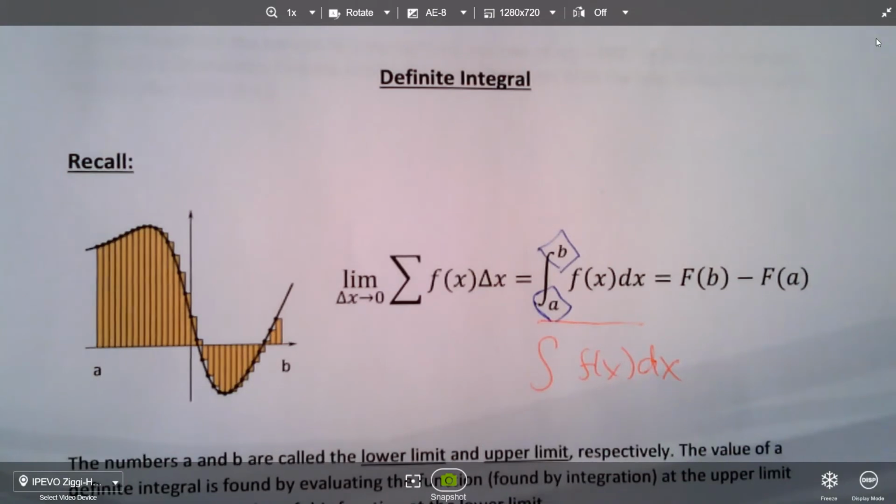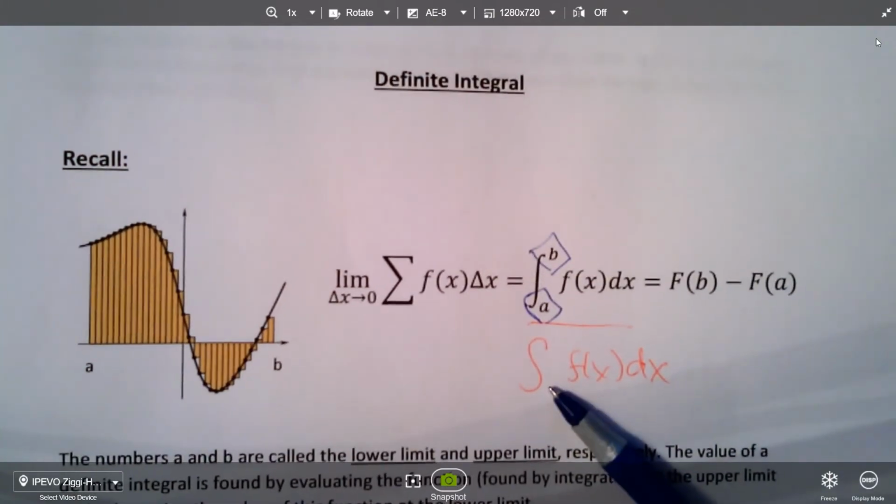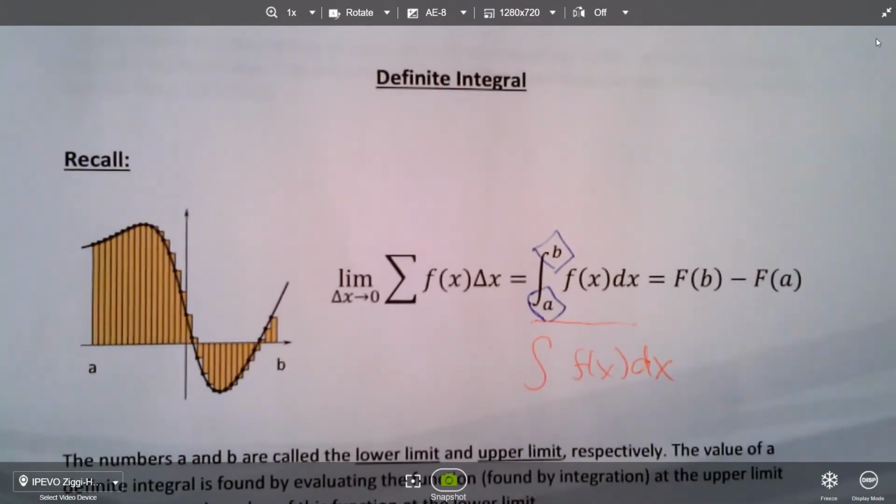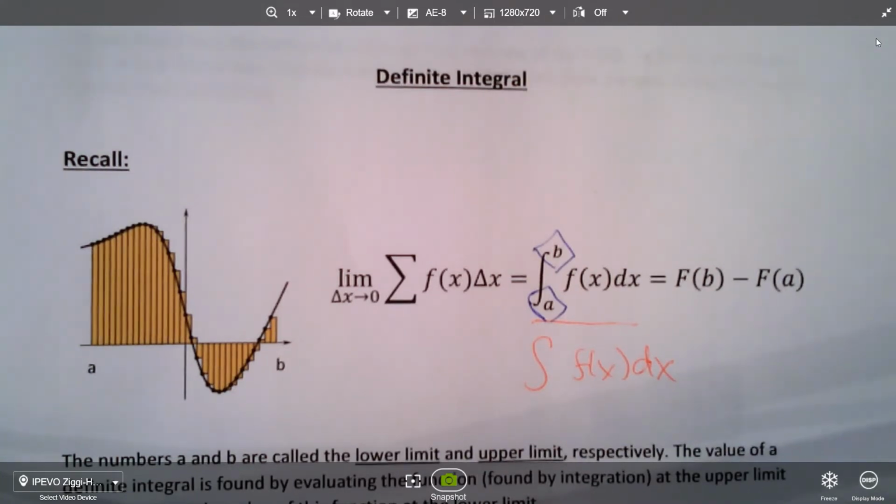So when we do an indefinite integral, there's no numbers on it, meaning that you're just finding an expression to show you the curve that exists everywhere. When you want to find something more definite and you want to find area under the curve or volume or work or pressure, and you have specific interest in a specific section, because it is possible to do it for infinity to negative infinity, but likely for your application, you'll have a bounded area.